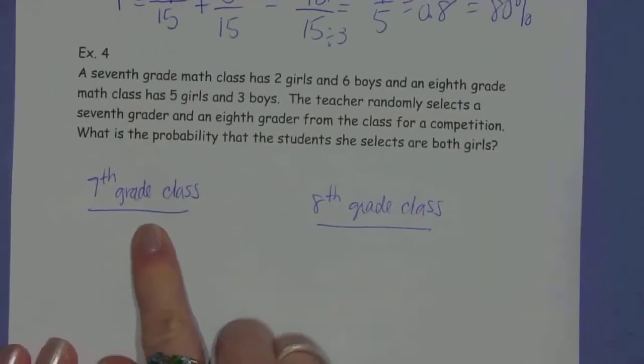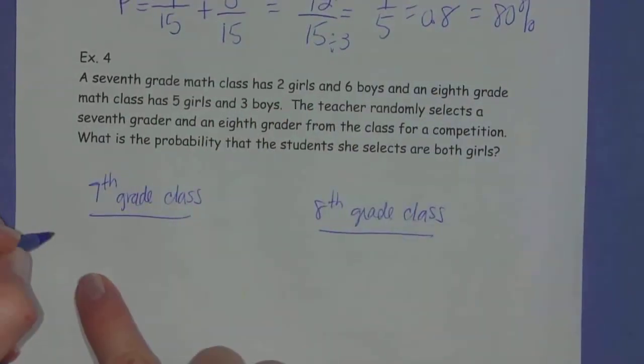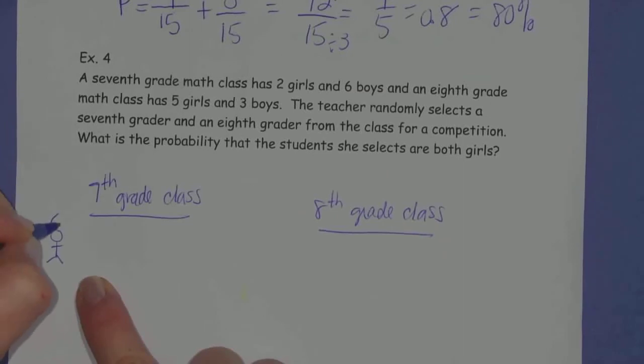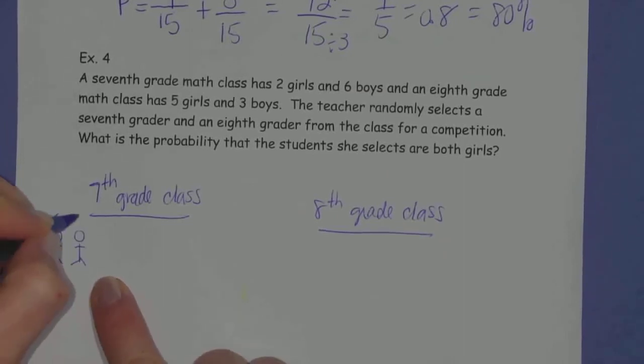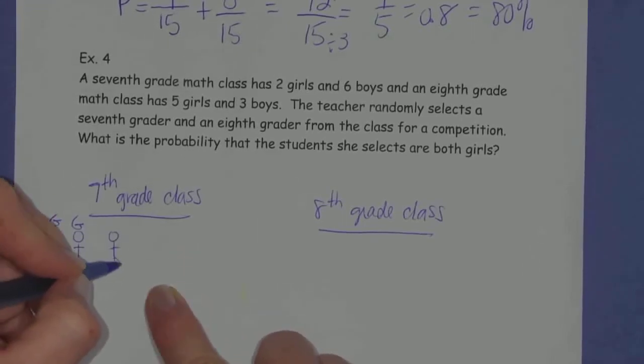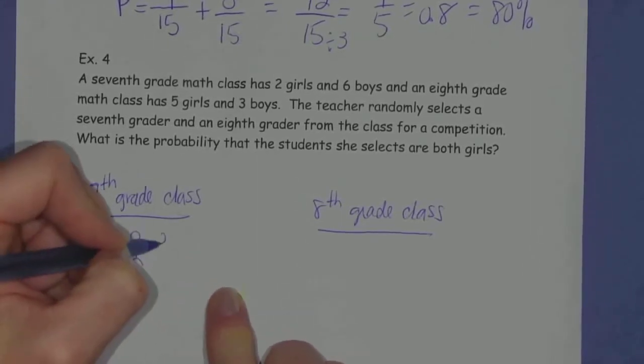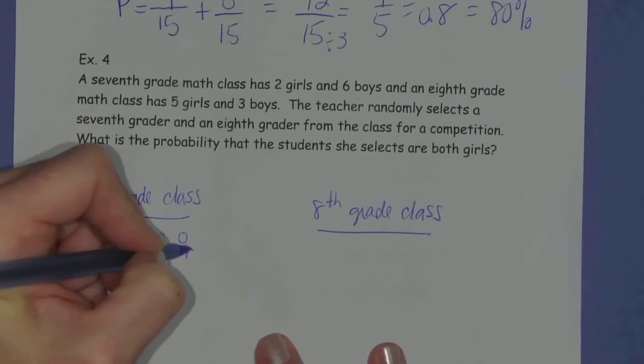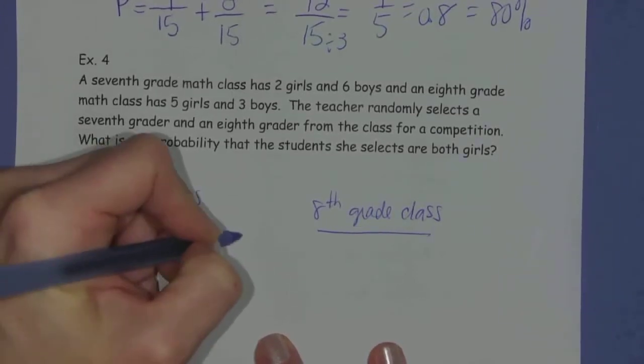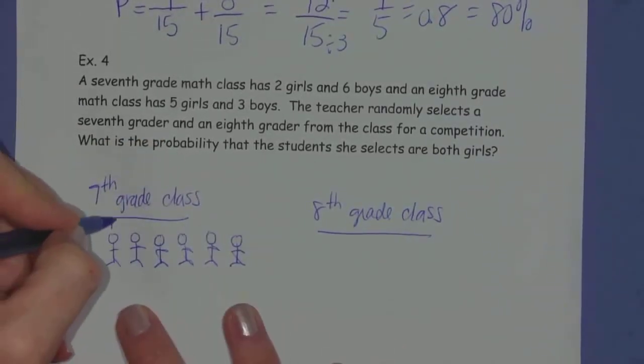So the 7th grade class has 2 girls, so we're going to do a girl and a girl, and 6 boys. So 1, 2, 3, 4, 5, 6. These are all boys. We'll do B for boy.